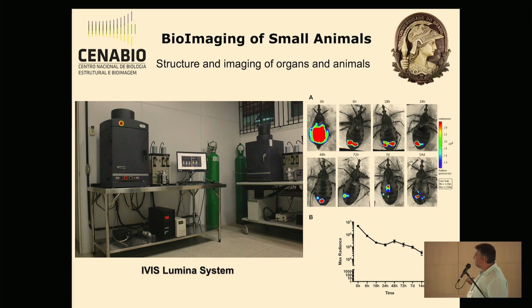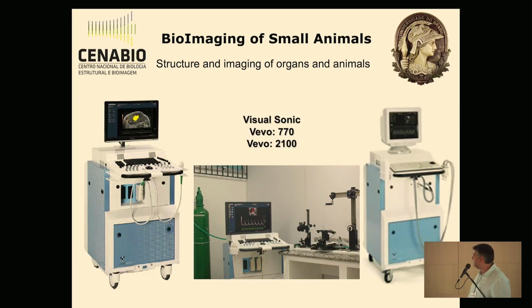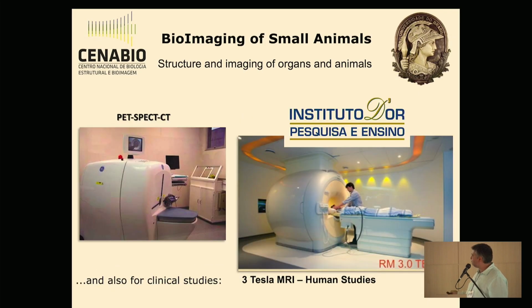We have a luciferase system, for example, with Trypanosoma, and this is important for Chagas disease, but several other fluorescent or luminescent molecules could be used in this system. And echocardiography for different structures also.